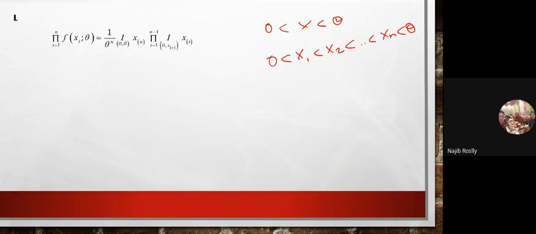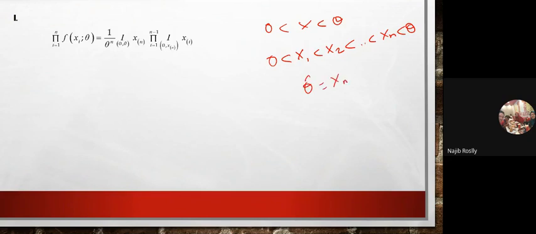If you solve the MLE, we cannot set it equal to 0, because the equation does not yield any solution. So the answer for the MLE is your Xn, the maximum ordered statistic.